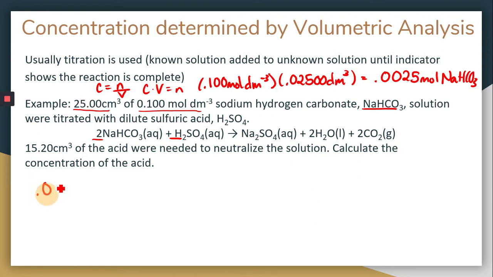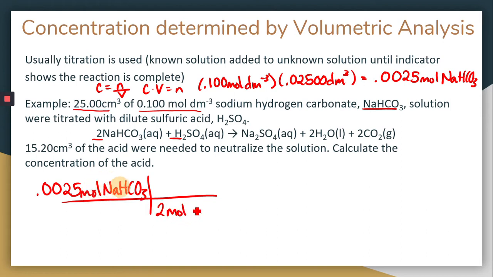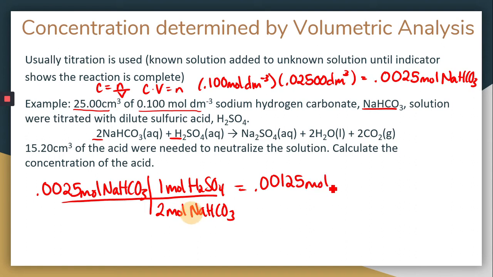Then we can use the mole ratio and the balanced equation. So 2 moles, because of the coefficient, to 1 mole would tell us that we have 0.00125 moles of H2SO4.